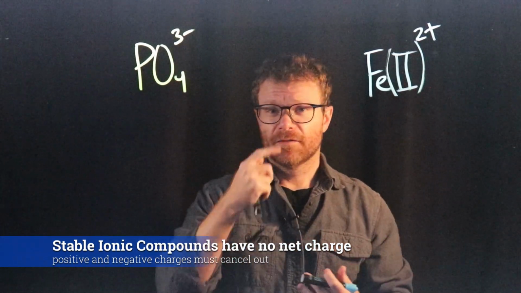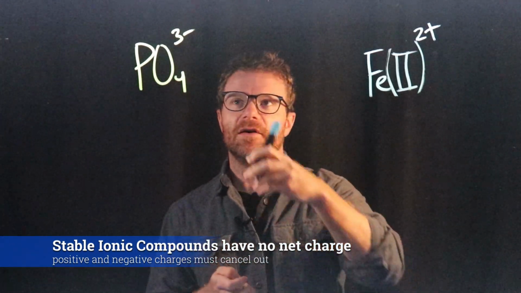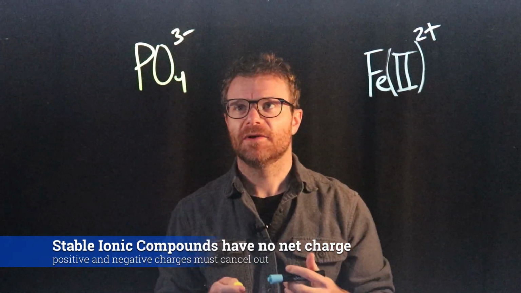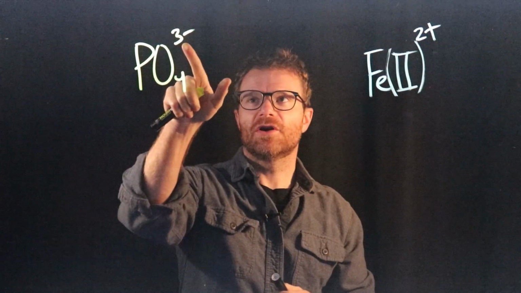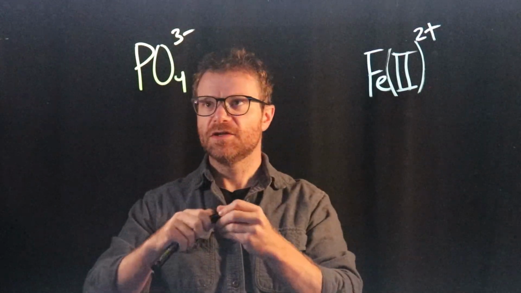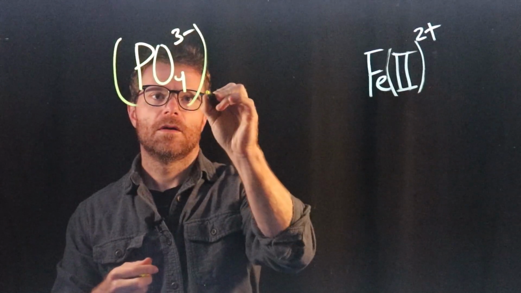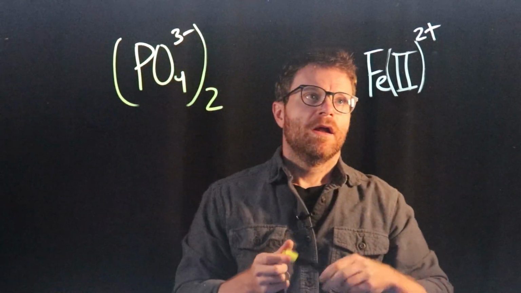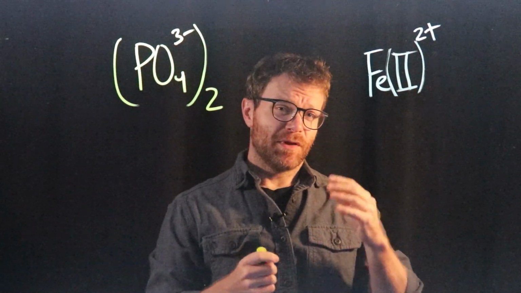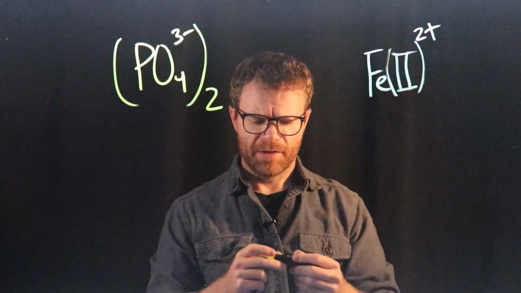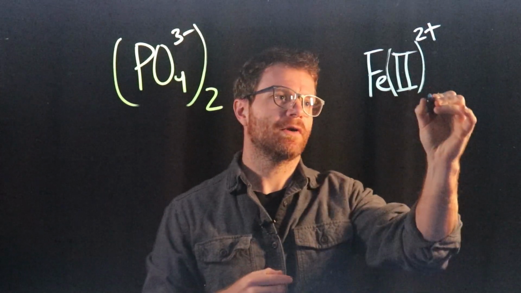So again, we need to think of the lowest common product of 2 and 3, and that happens to be 6, right? So in order to get a charge of -6, we're going to need 2 of these phosphates. And in order to make this 6 plus 2, in order for that to become 6, we need to multiply it by 3. So we're going to put a little 3 there.